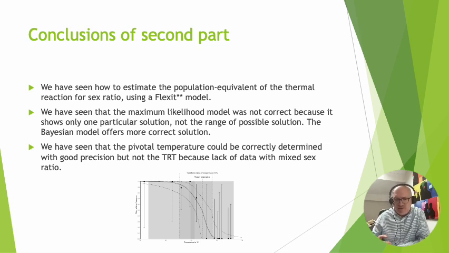This is not something that is à la mode; it is something deeper about what statistics are. Using this data, we also saw that the pivotal temperature was determined with good precision, but the TRT was determined with relatively bad precision.